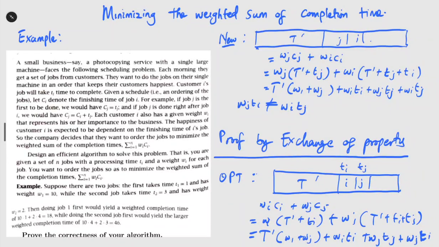So our conclusion now is that if WJ over TJ, that's the priority for J, is less than the priority for I, WI over TI, we switch the positions of jobs J and I.